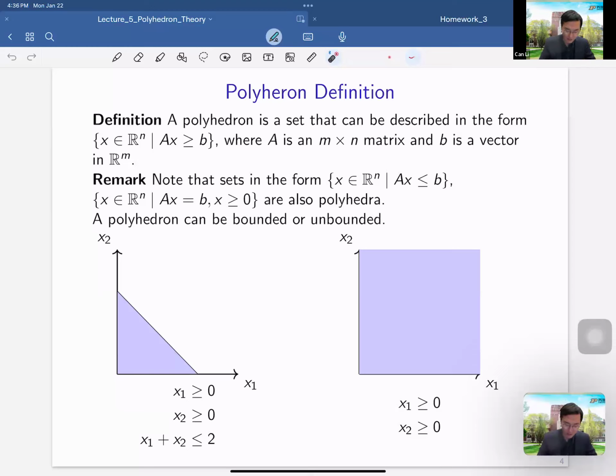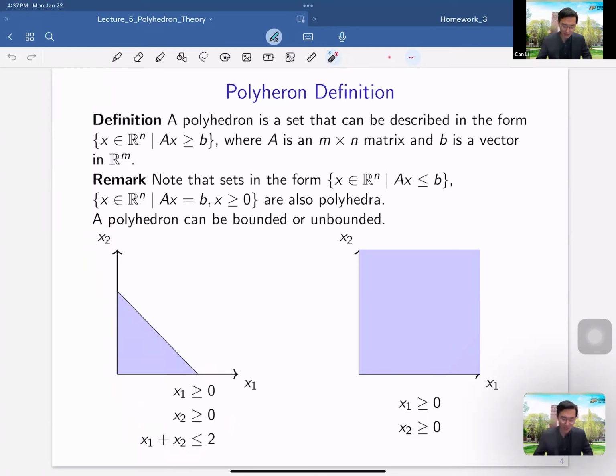A very interesting fact is that a polyhedral set can be either bounded or unbounded. Here are two very simple examples, right? Let's say we are in 2 dimensions, the x-axis is x1, the y-axis is x2 here. Then for the left problem, we have 3 constraints: x1 greater than or equal to 0, x2 greater than or equal to 0, and x1 plus x2 less than or equal to 2, right?